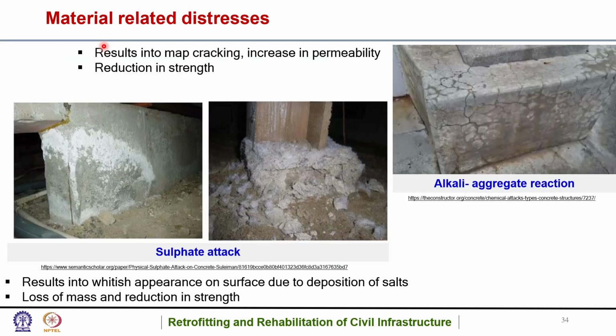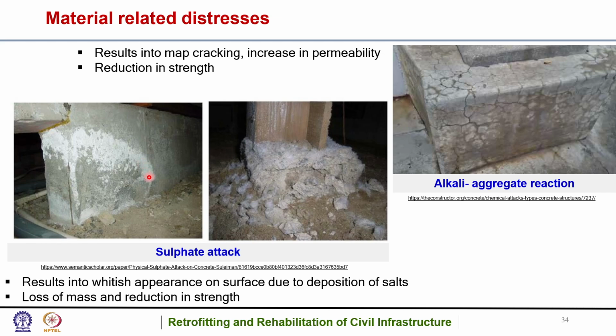Then material related distresses can also be due to sulfate attack. Sulfate attack basically results in a whitish appearance on the surface due to deposition of salts, and this phenomenon is also called efflorescence. There is also loss of mass and reduction in strength because this has come from the interior. That is basically a type of leaching.